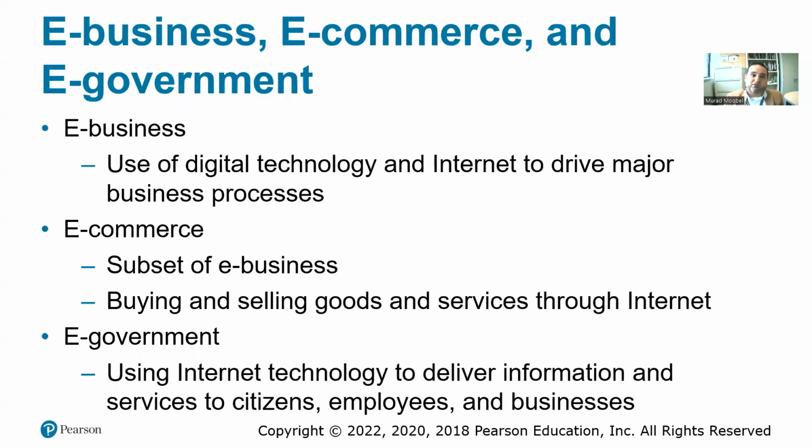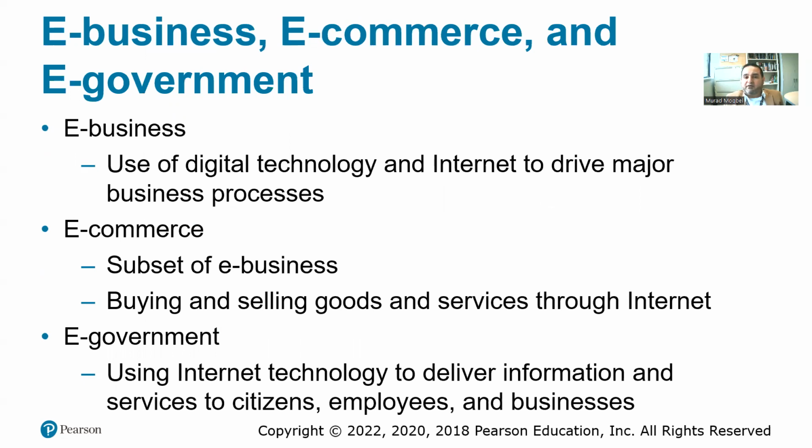So e-business. We think about e-business as the use of digital technology or the internet for business processes. And e-commerce is part of that e-business. E-commerce is basically the selling and buying of products online, like Amazon, like Uber, right?